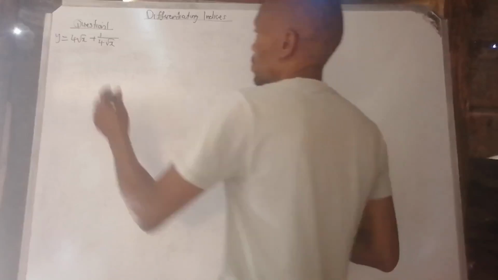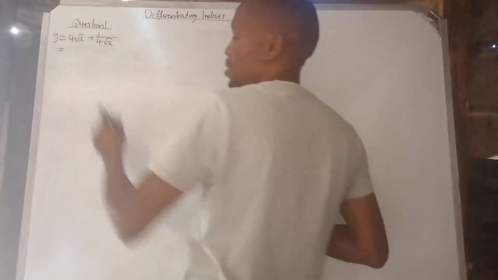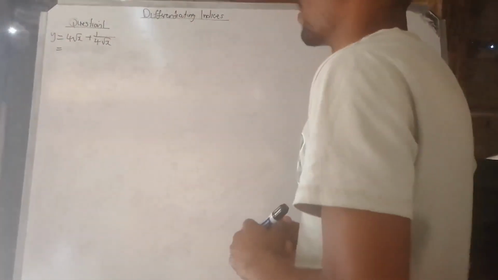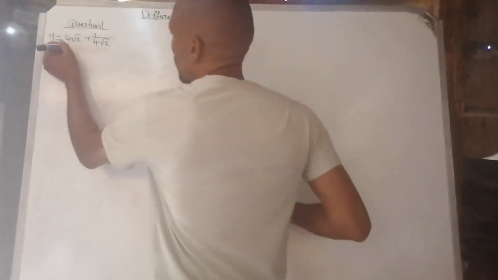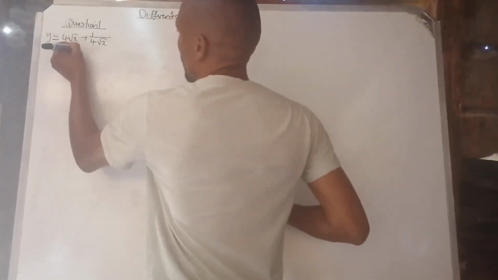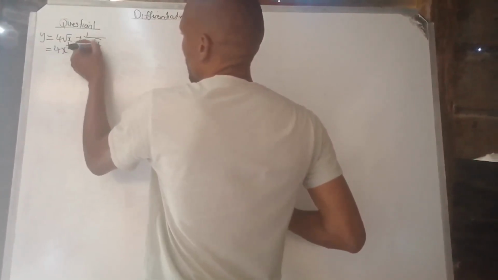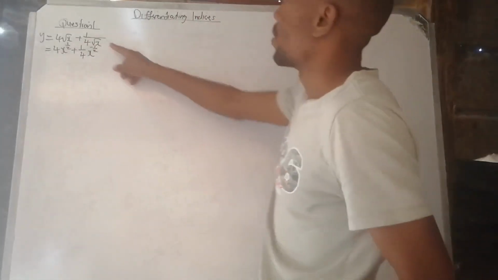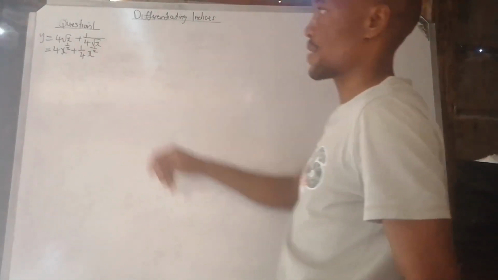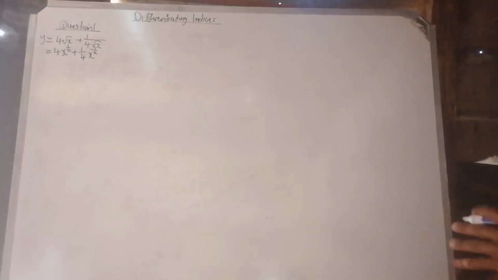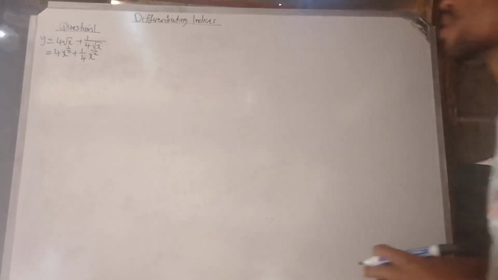Now we know that we need to standardize this. So we're going to have 4x to the 1/2 plus 1 1/4 x to the minus 1/2. Take this to the numerator. This is exactly what we will have. Can I now begin to differentiate? Of course.